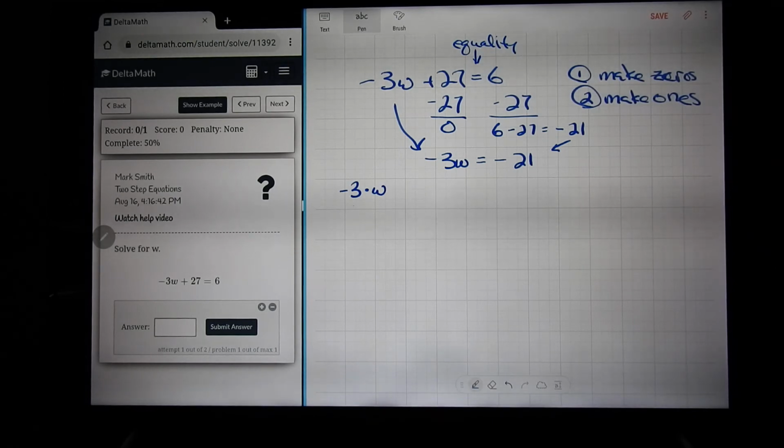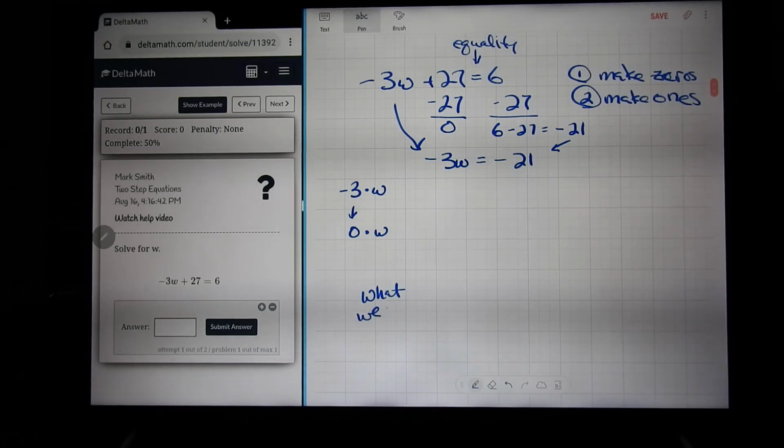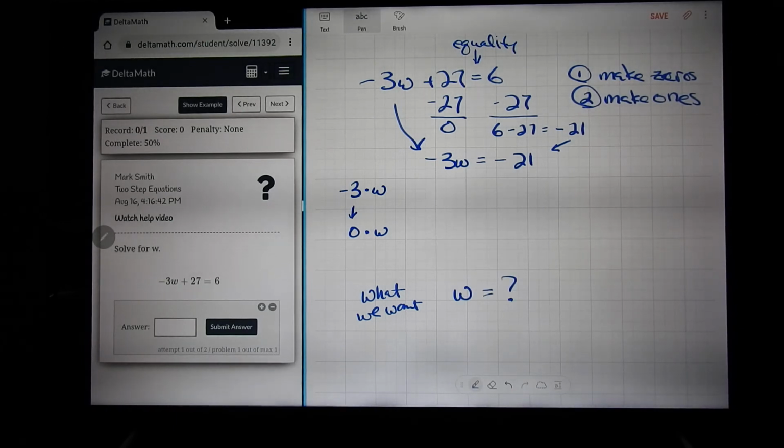If we change this to a 0, it's going to say 0 times w, and our w is going to disappear. So that doesn't work. Because remember, what we want down here is w equals something. So we can't make it into a 0. That doesn't work. So we must make it into a 1.